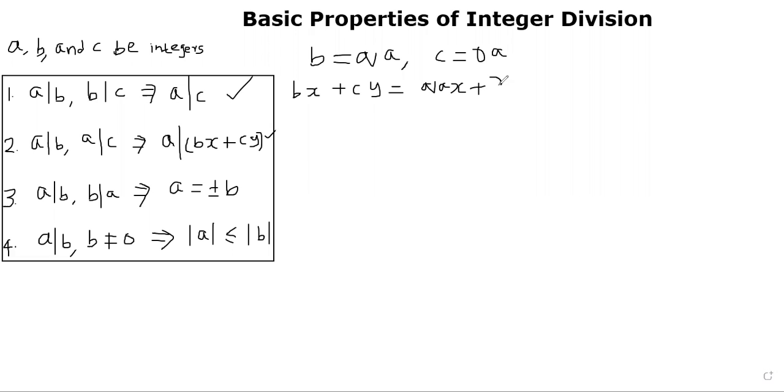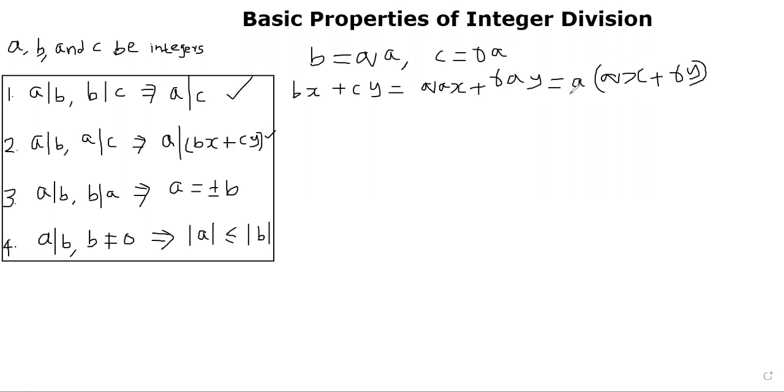And now I can take A common, and I get A times Qx plus Ry. Okay, just taking A common.